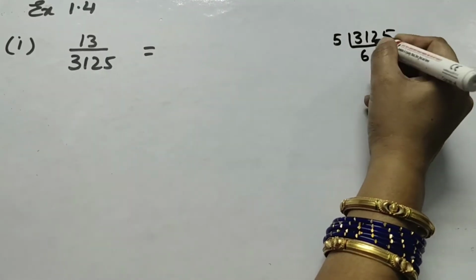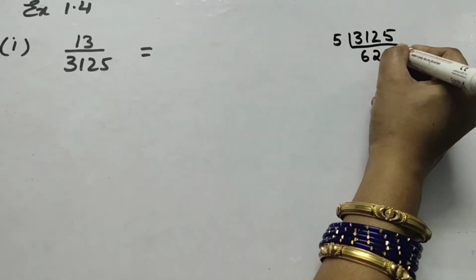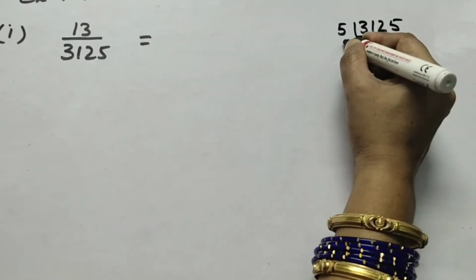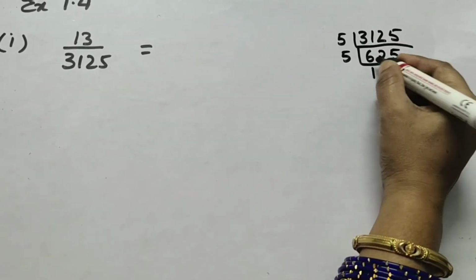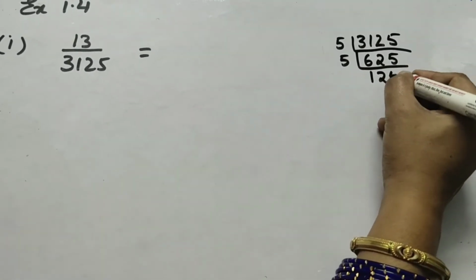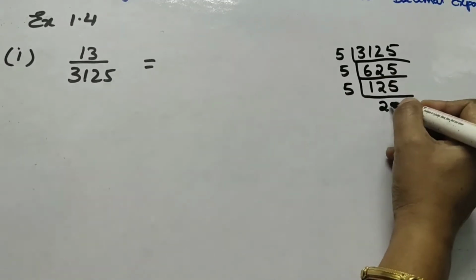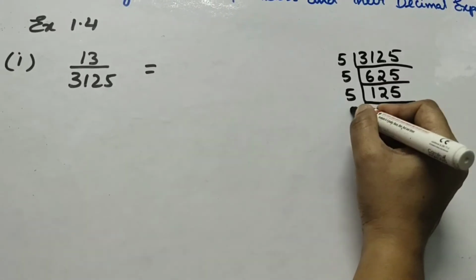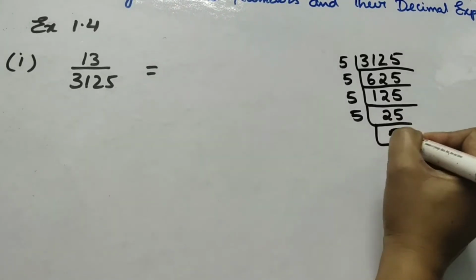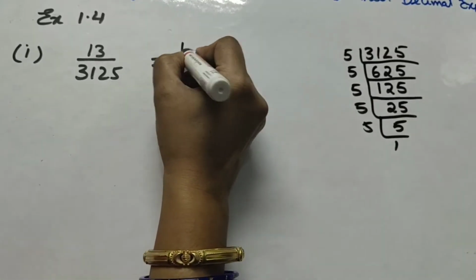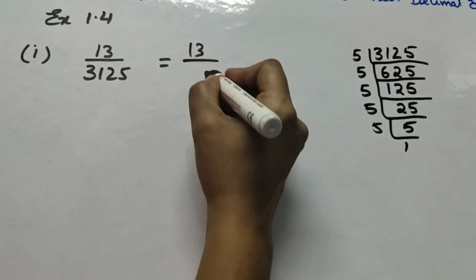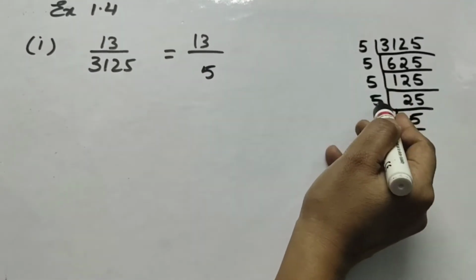Dividing by 5 again and again, we get 13 by 5 to the power of 5.